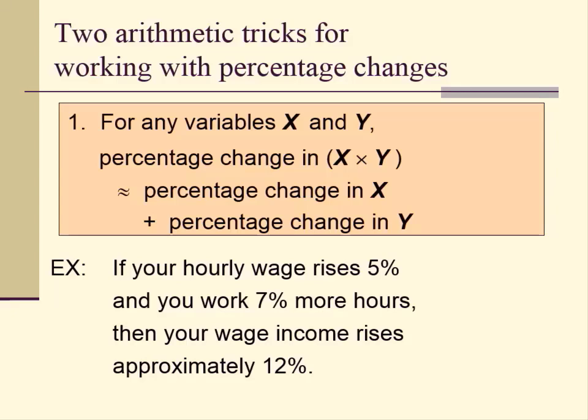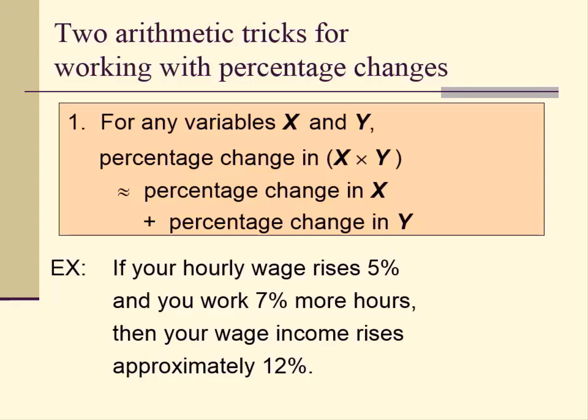The percent change in wage income should be approximately the percent change in wage rate plus the percent change in work hours. Therefore, your wage income rises by the 5% change in hourly wage plus the 7% change in work hours, approximately a 12% change in wage income.